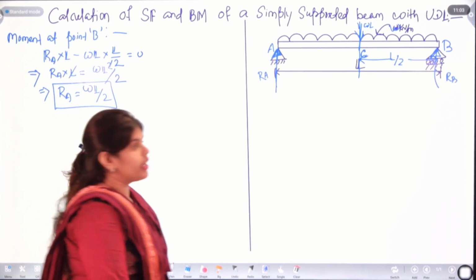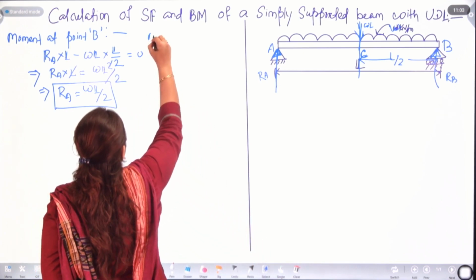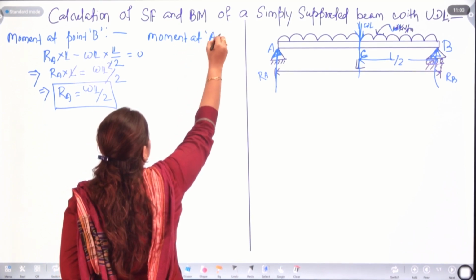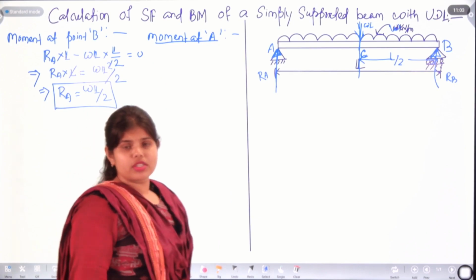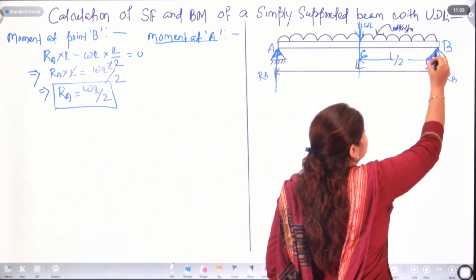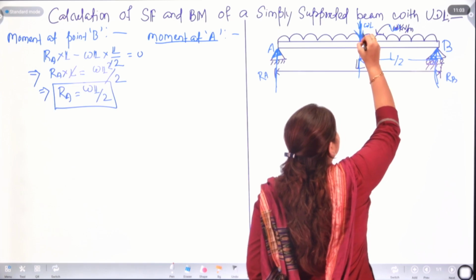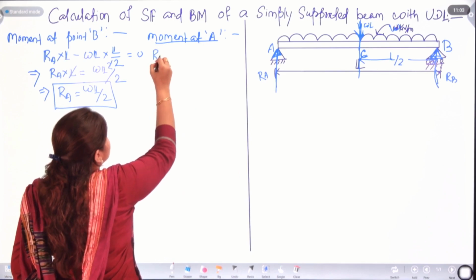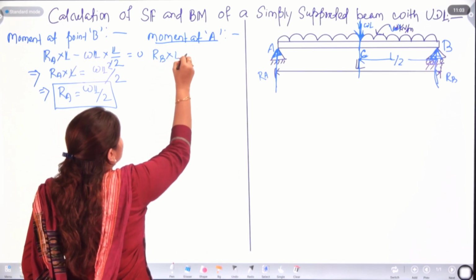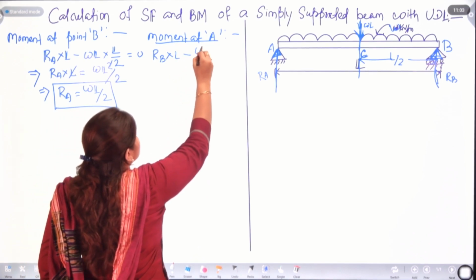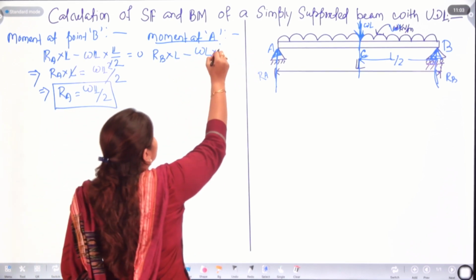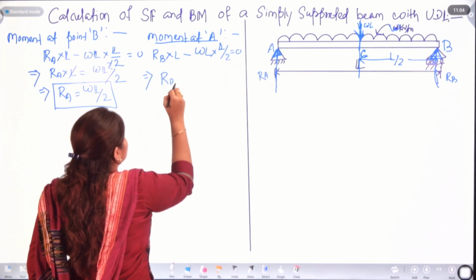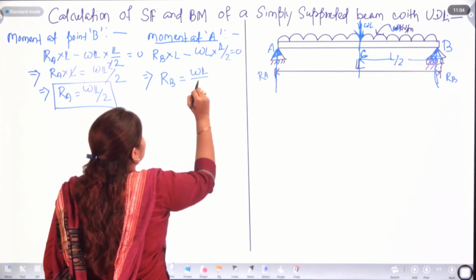Similarly, if we find out moment at point A, what are the forces? One force is your reaction force RB, and another force is nothing but your WL. Very similarly, RB into L minus WL into L by 2 is 0, and RB is going to be WL by 2.